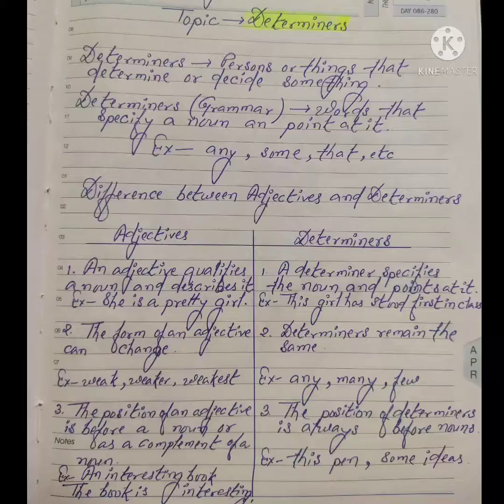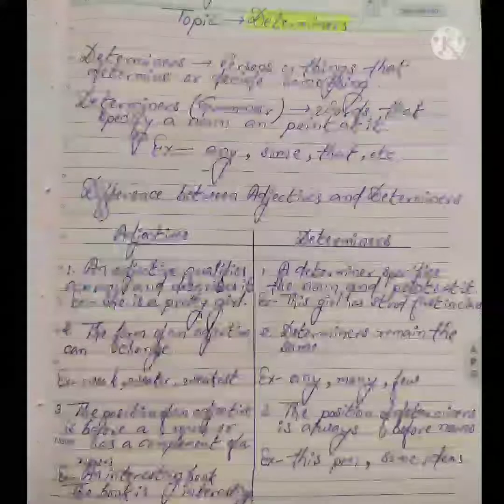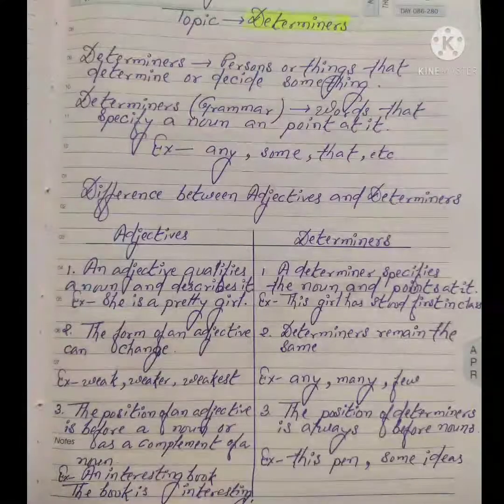When it comes after a verb, it is the predicative position. So in the first example, interesting comes before a noun, and in the second example, interesting comes after a verb. Now the third point from the determiner side says that the position of determiners is always before nouns.